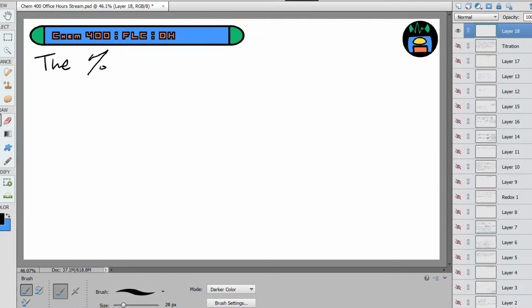So the percent mass of carbon in carbon tetrafluoride is 13.65%.